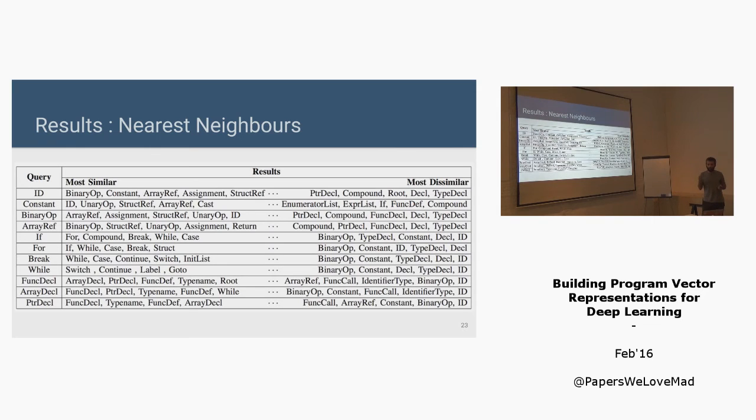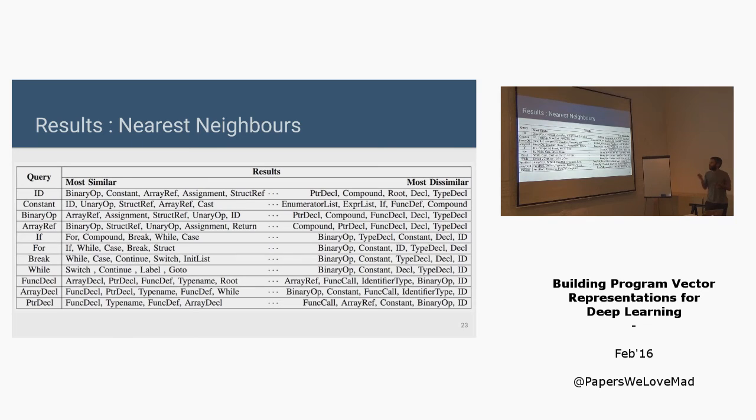What has been done in the paper essentially is the author has tried to take the vectors that come out of the training process and make clusters out of them, make groups. So the first clustering implementation that has been presented in the paper is nearest neighbors.